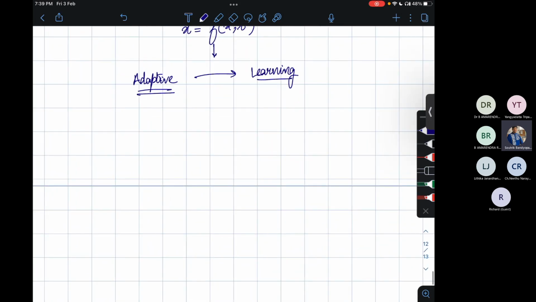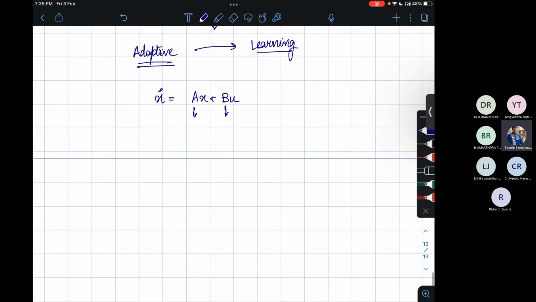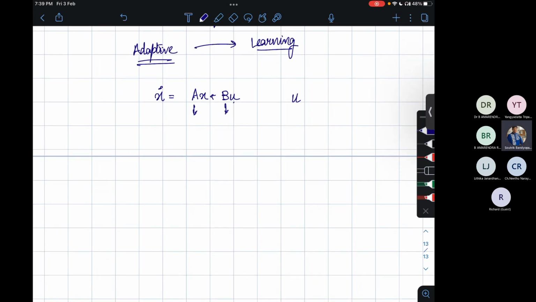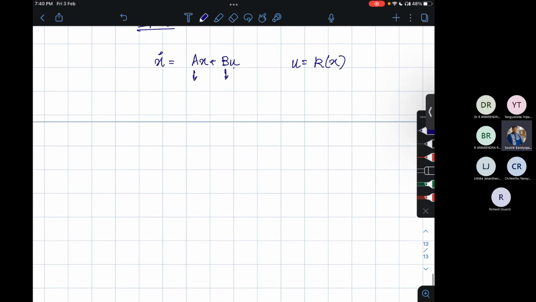So when you have x dot equal to some ax plus bu, where a is unknown and b is somewhat known or somewhat unknown, whatever, you would create a control u equal to some k of x, which stabilizes or makes this system go to 0, even under the uncertainty of A and B matrices.